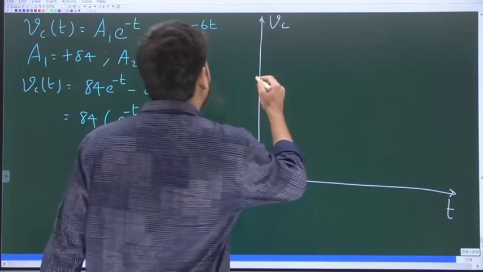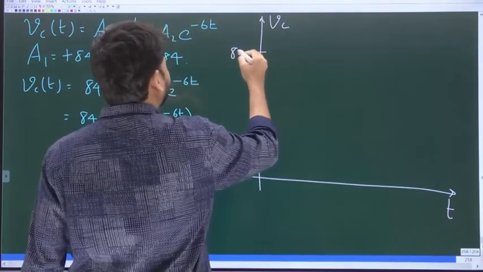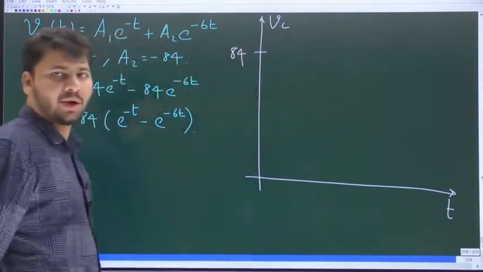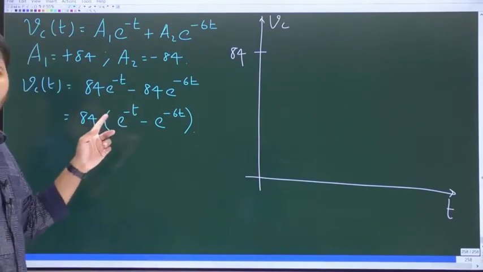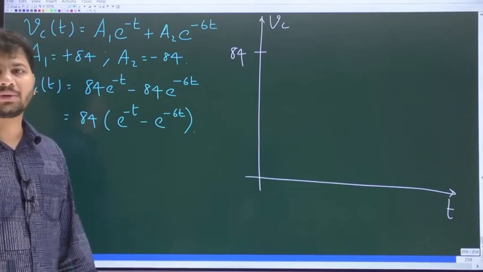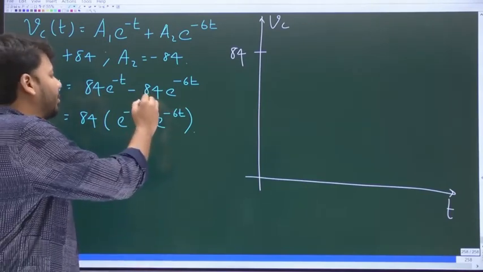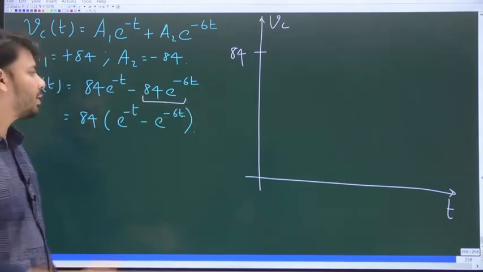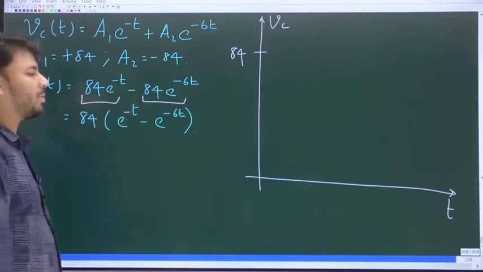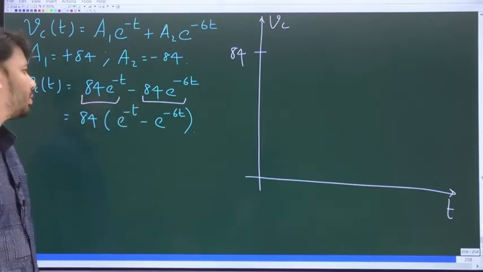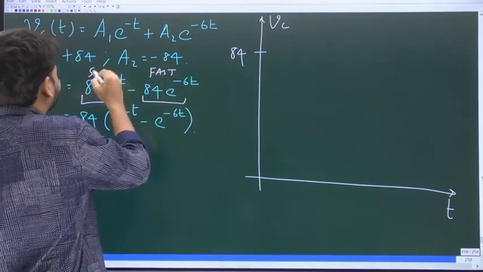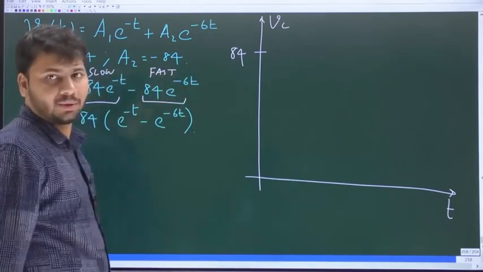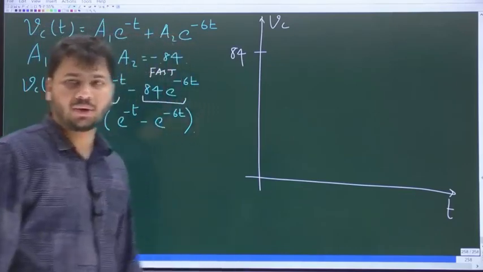Okay, so here, let this be 84. Between 84 e power minus t and 84 e power minus 60t, the 84 e power minus 60t is the fast decaying exponential. 84 e power minus t is slow. So this is fast decaying and this is slow decaying.